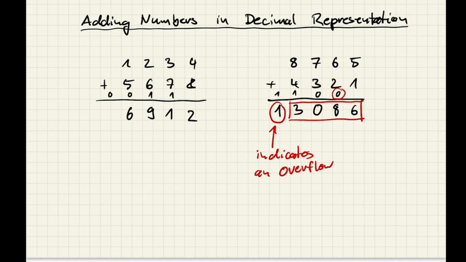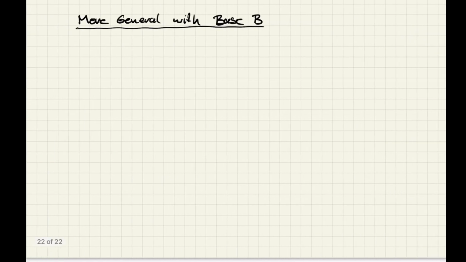You never can have a carry of 2 or more, no matter what base you are using. So let's write down this computation a bit more generally. The first number has digits A3, A2, A1, A0, and we add this with a numeral where the digits are called B3, B2, B1, B0.